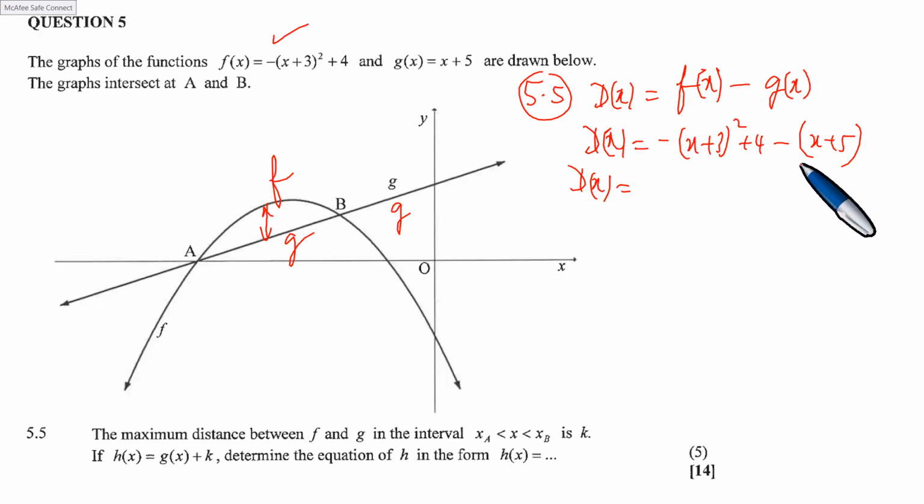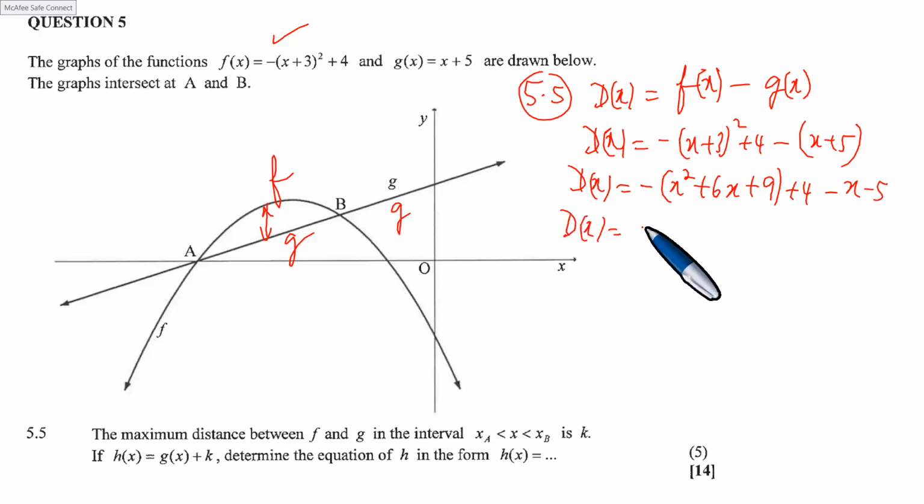We square everything here, so we have the negative outside. If you square a binomial expression, it becomes x squared, then x by 3 by 2, which is 6x, then 3 squared is 9. We add 4 and distribute the brackets by the negative sign, from which we obtain d of x equals minus x squared minus 6x minus 9 plus 4 minus x minus 5.